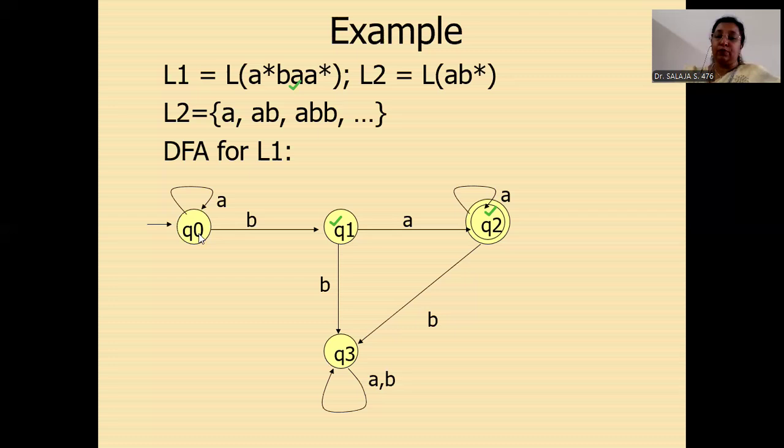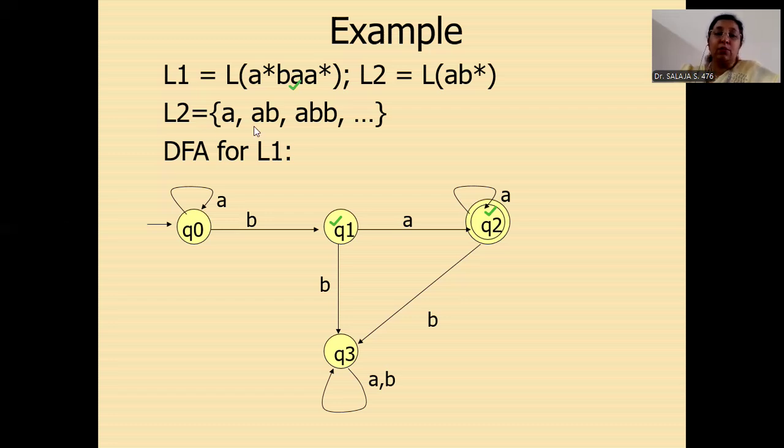Q0 has two valid transitions on both input symbols A and B, whereas Q1 has only one valid transition on A. The invalid transition on B leads to the trap state Q3. Q2 also has an invalid transition on B, which leads to the trap state Q3. And Q3, since it's a trap state, on any further alphabet symbols will lead to Q3 itself.